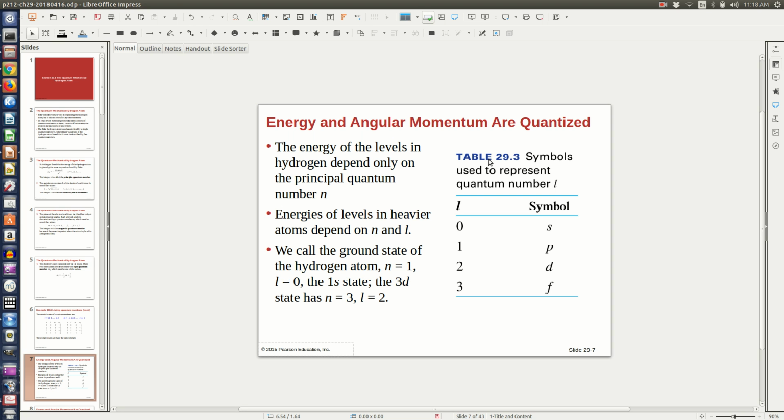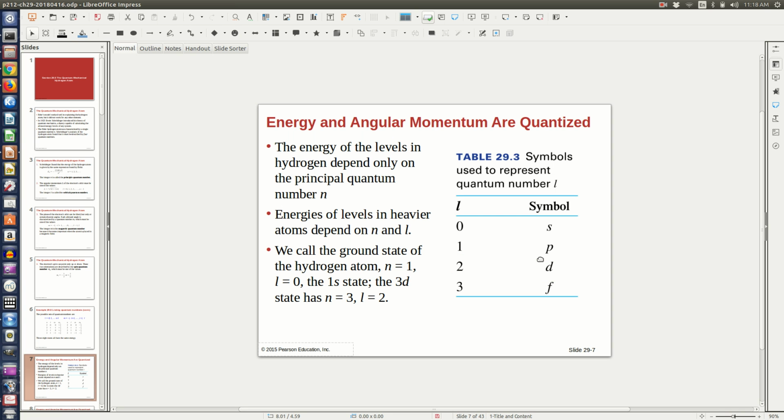For the L equals 1 levels, for example, when n equals 2, little l can be 1, and if little l is 1, then we call this a p state, and p stands for principal. If n equals 3, l can be as high as 2, and in that particular case, when l is 2, the electron is said to be in a d state, and d stands for diffuse, again referring to the appearance of the spectral line when spectroscopy was done on atoms.